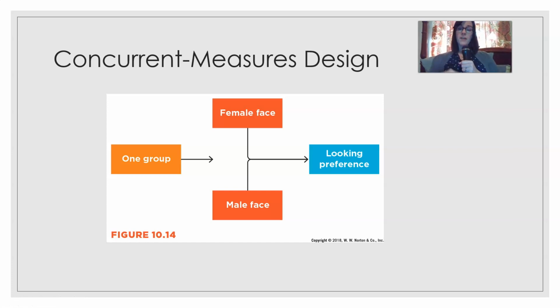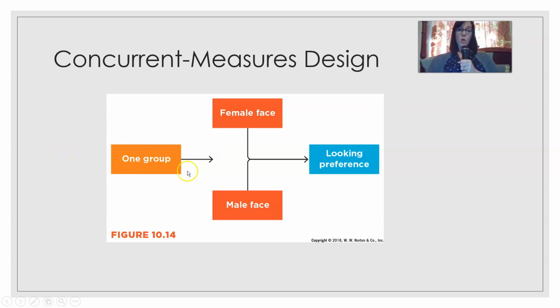The other type of design that you can do is something called a concurrent measures design. You're basically exposed to both stimuli, or multiple stimuli, at once, and you have to show a preference. Here we often look at looking preferences in infants who are not capable of talking.